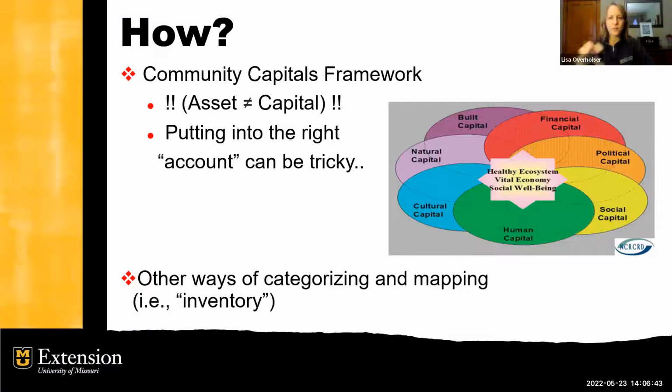And those come together to create a healthy ecosystem, a vital economy, a sense of social well-being. I have some resources listed at the end where I pulled this diagram from.